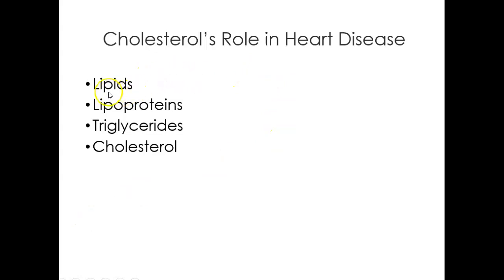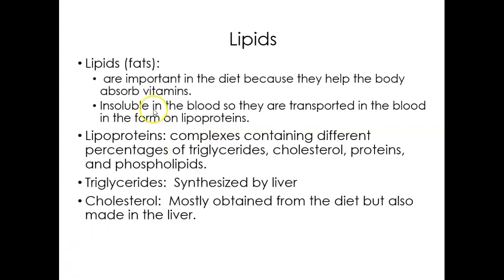So we'll kind of briefly explain lipids, lipoproteins, triglycerides, and cholesterol. Okay, so lipids are fats, and they are important in the diet because they help the body absorb vitamins, and cholesterol is also an important part of the cell membrane, and it's a precursor to steroid production in the body.